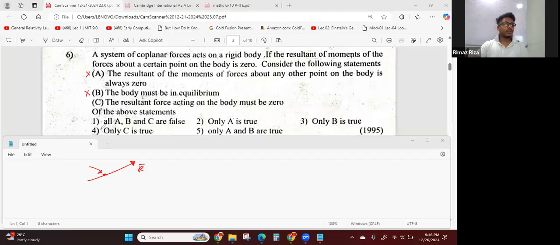The body must be in equilibrium. See, the resultant force acting on the body must be zero. We can't say that. That's why we can't say this also. Okay. So therefore, A, B, C are all false. The correct one is: all A, B, C are false.